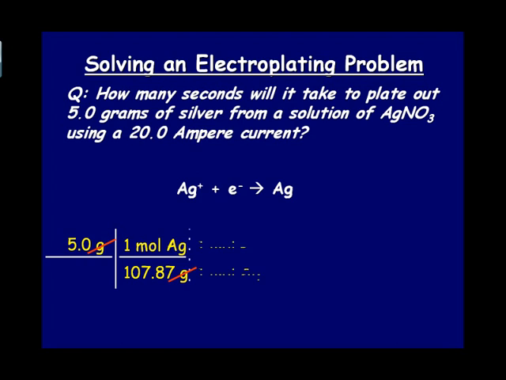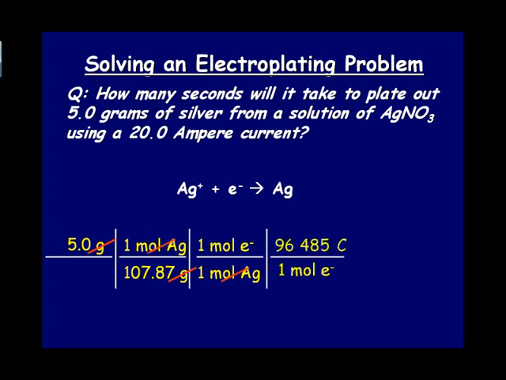You look at the balanced equation, and for every 1 mole of electrons being taken up there, it's a mole of silver reacting. And then you should recognize 96,485, that's Faraday's constant, and that's the number of coulombs per mole of electrons.